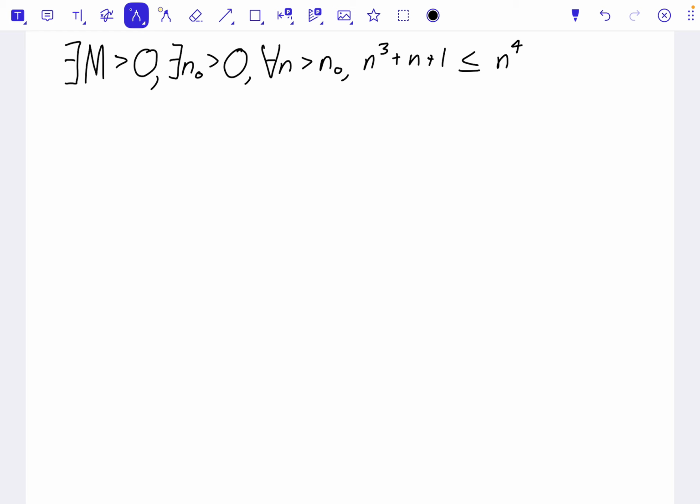Next, our rough work happens. We're going to start with the inequality that we want to prove, and then attempt to sort of reverse engineer it. Oh wait, I meant to put a constant multiple here, m.